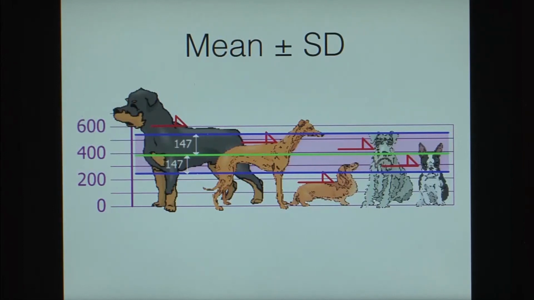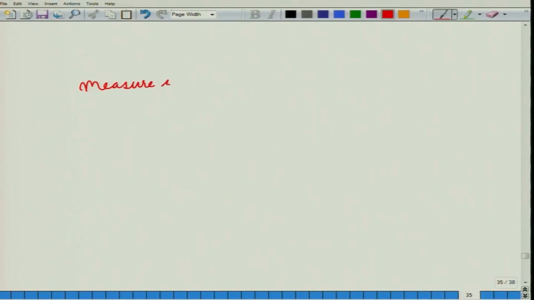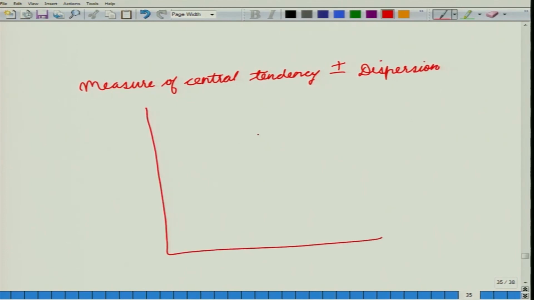So, mean plus minus standard deviation covers nearly all the values, which is why it becomes such an important measure to use. Essentially, if you want to depict any distribution, you write the measure of central tendency plus minus the dispersion. In this case the measure of the central tendency would tell you the central value and the dispersion would tell you the spread.